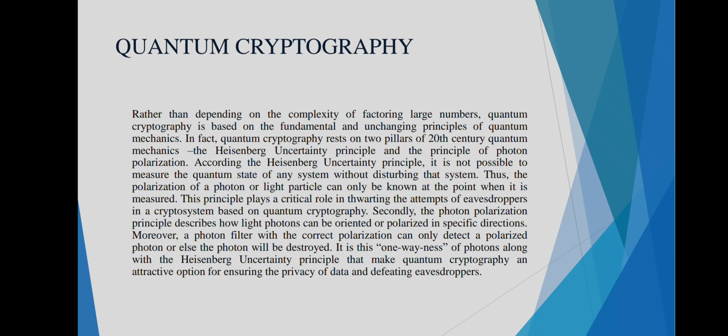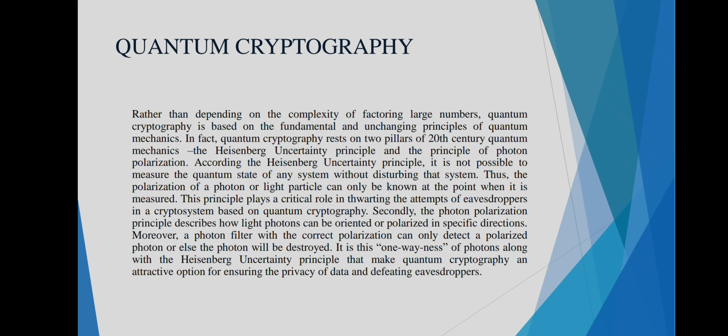It is this one-wayness of photons along with the Heisenberg uncertainty principle that make quantum cryptography an attractive option for ensuring the privacy of data and defeating eavesdroppers. That means, in quantum cryptography, the two advantages involved are the Heisenberg uncertainty principle and the principle of photon polarization.